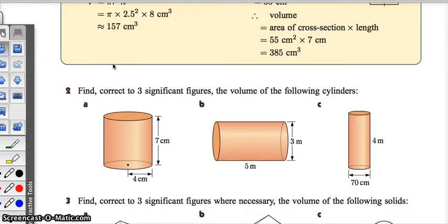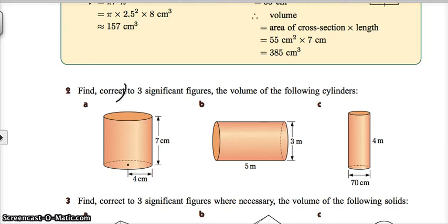The volume is area of the cross section. If I look down here, what is the shape of your cross section? It is a circle. So the volume becomes area of circle.